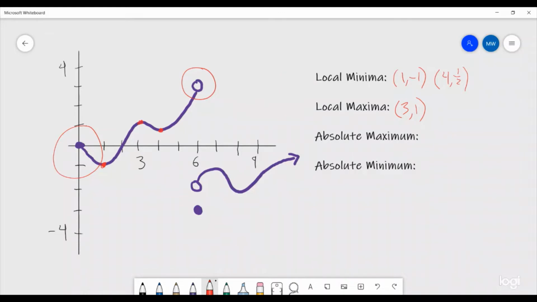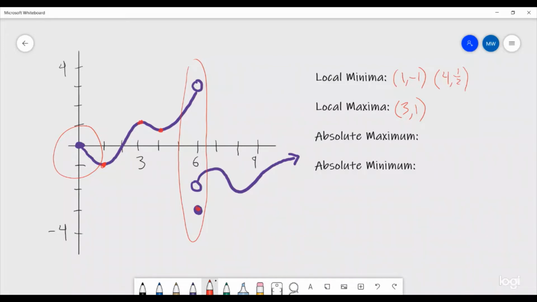Now, the question is, what is this? Is that going to be a local maximum? Well, it's not including the endpoint of that piece, so that can't be a local maximum because it's not going all the way up. And also, if we were to draw a little region around it, we see that we actually have a local minimum here. Because this point right here at 6, right down here, is farther down than anywhere else on either side.